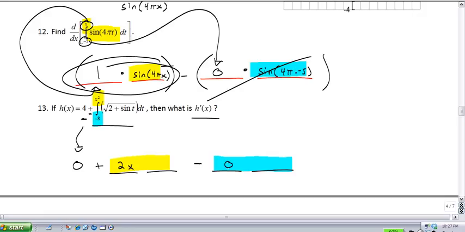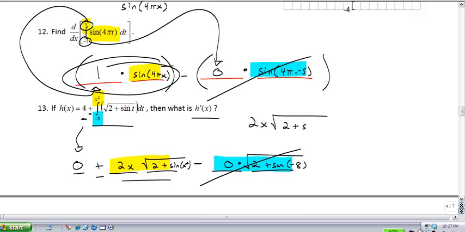That's going to be a 0. And if you plug x squared in, that's square root of 2 plus sine x squared. Square root of 2 plus sine of negative 8. Well, 0 times that goes away. So the answer is just 2x times the square root of 2 plus sine x squared. Done. Next problem. Okay, that's derivative of integral functions.